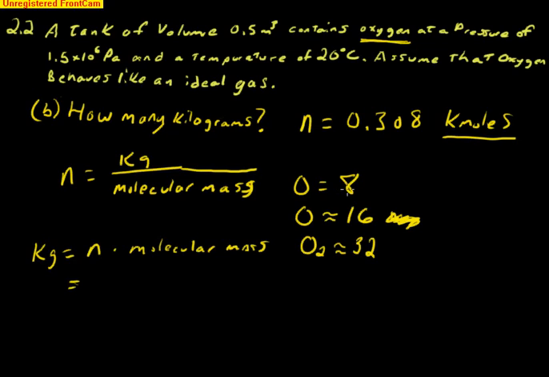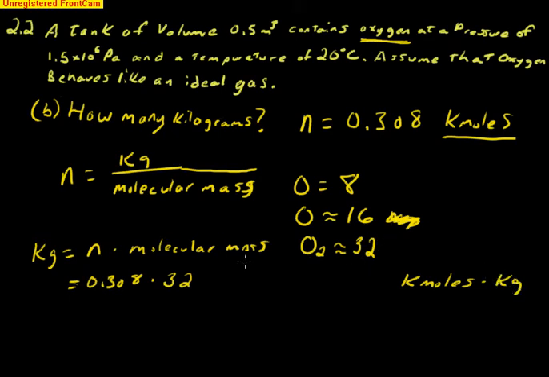We have N is 0.308 kilomoles. Let's do our dimensional analysis over here. We have kilomoles, and then we have this molecular mass, which is 32. And it's 32 what? It's a mass, so it's going to be in kilograms.